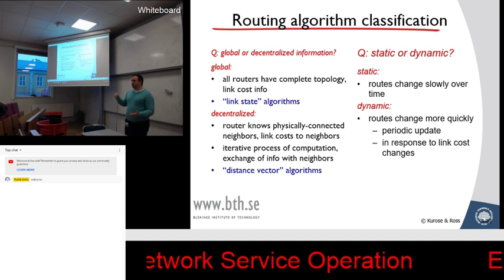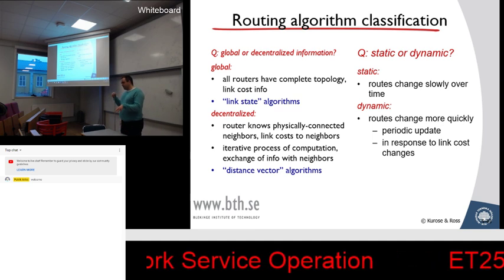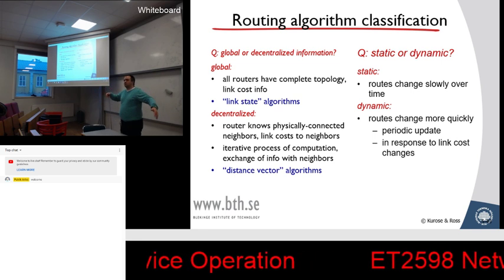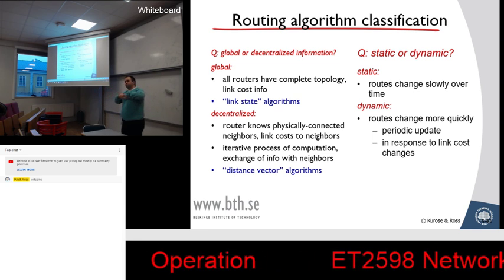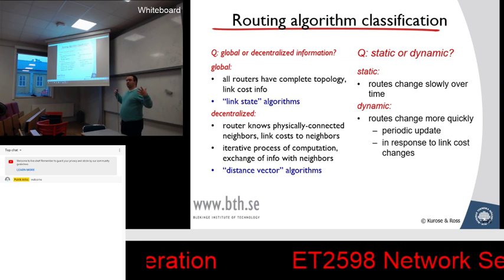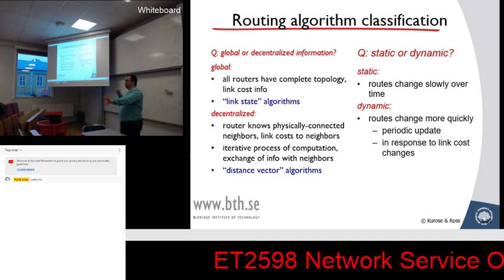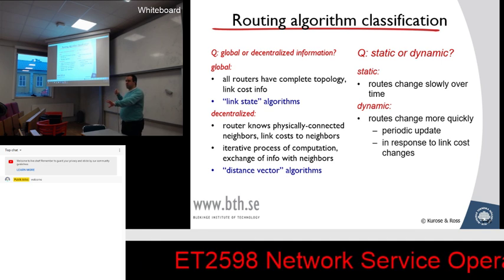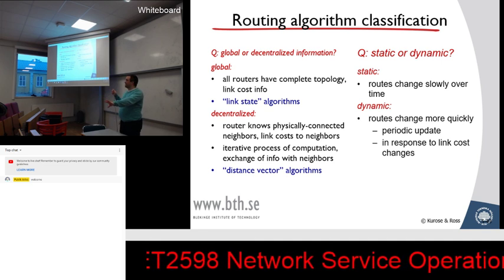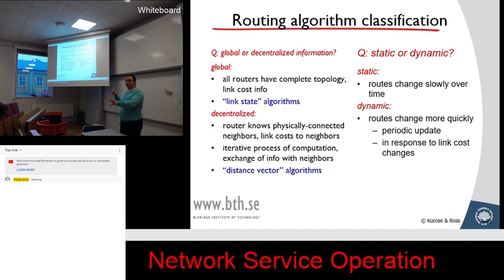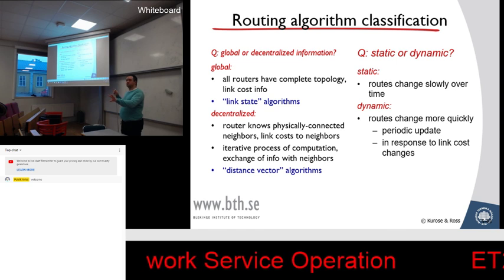In a global scenario, you have something that collects all the information about the network state, does its magic, and then pushes out the result. So that's a global viewpoint. The good thing with that is that you can end up with an optimized solution that works the best.